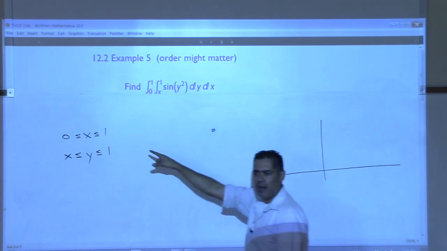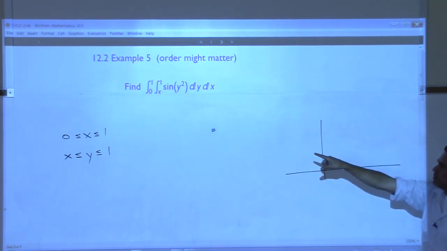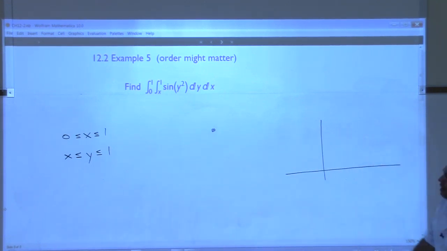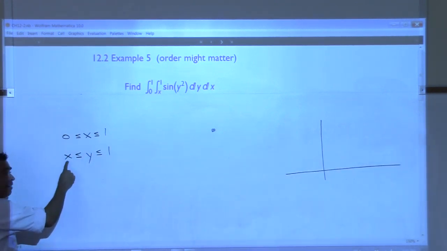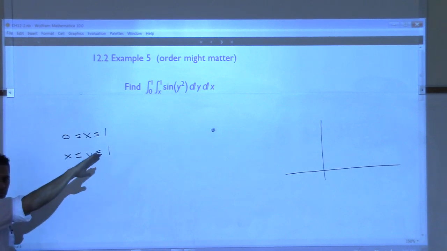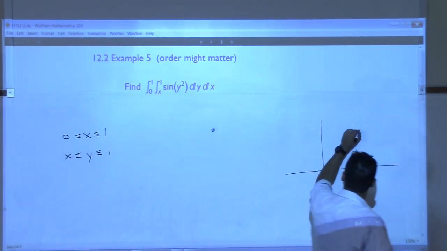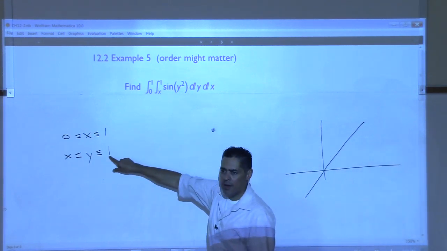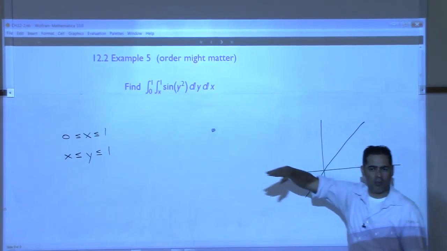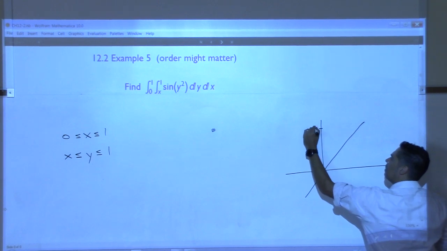Now, can you draw that region? Let's draw that region. So my y has to be bigger than or equal to x. So that right there is just the diagonal, isn't it? So that looks like this. And then this right here, y equals 1, is just a flat line through 1. Here's 1.